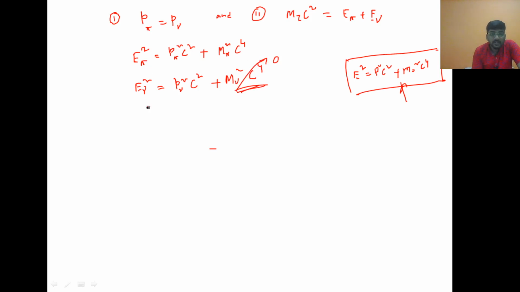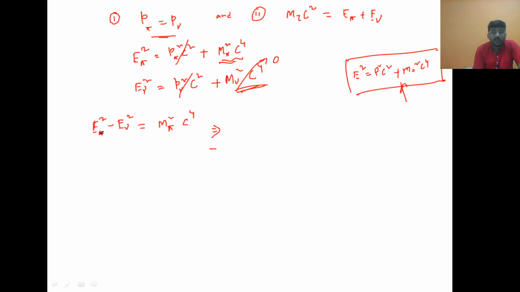Now if we subtract E nu square from E pi square, the P square c square terms also cancel out because P pi is equal to P nu. So only this term survives: m pi square c to the power 4.